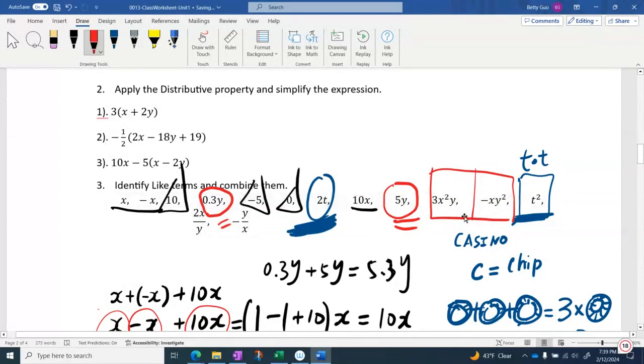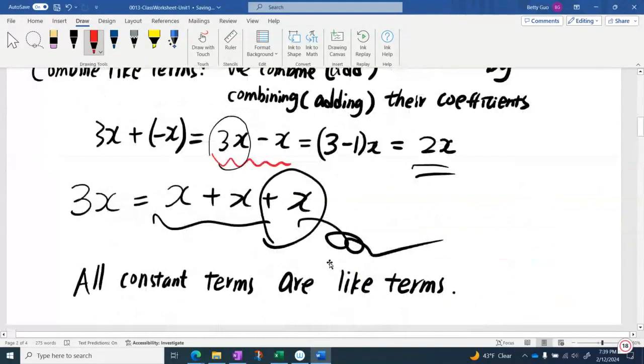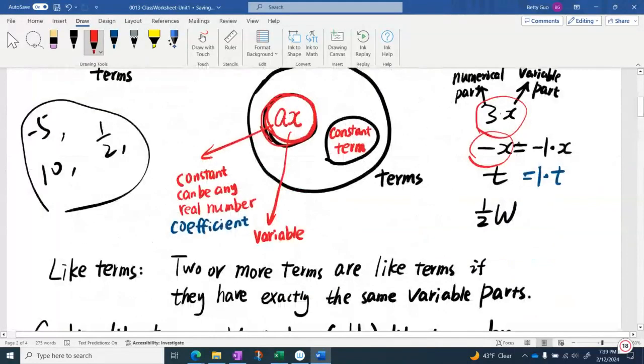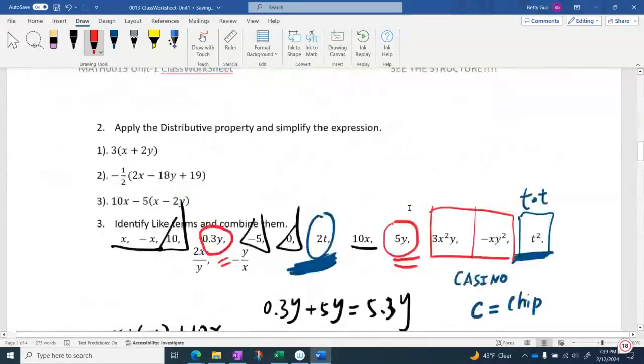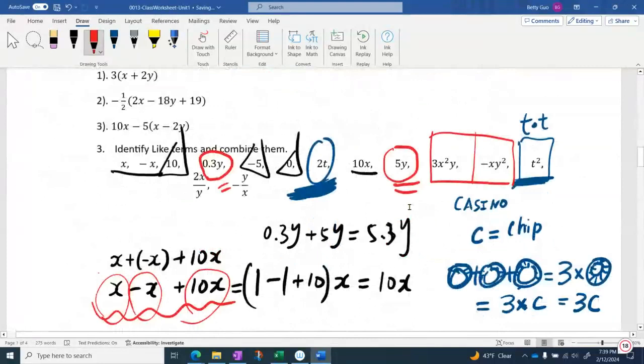By the way, those 2 terms are not one of the 2 types we learned today, but they are terms. Simply put, a term is an expression without addition and subtraction. So it's a bunch of numbers and variables multiplied together. So they are terms, by the way.